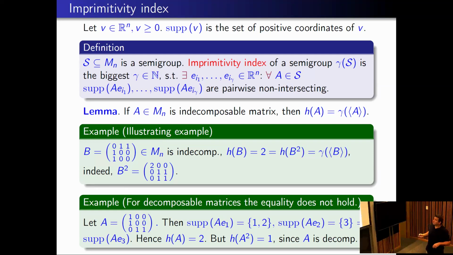It turns out, again, that this decomposability index for non-decomposable matrices, for a strongly connected graph, is nothing but the imprimitivity index for the corresponding matrix.